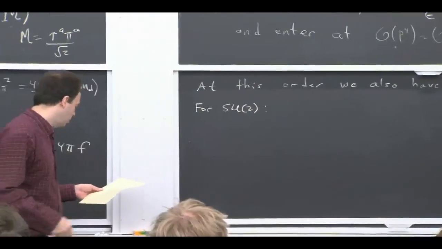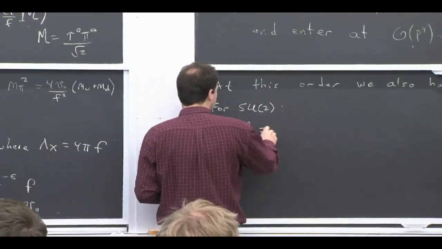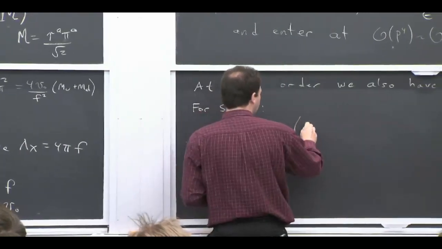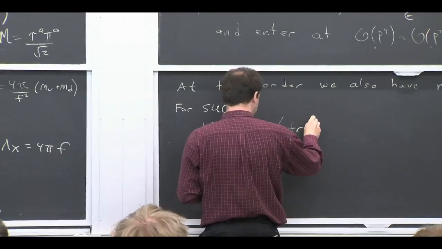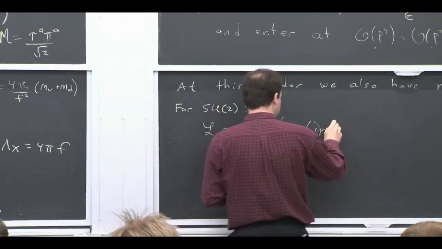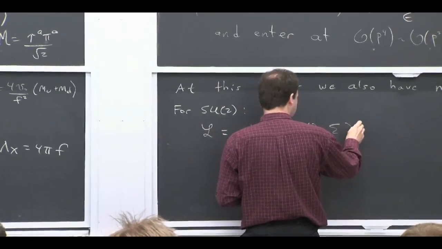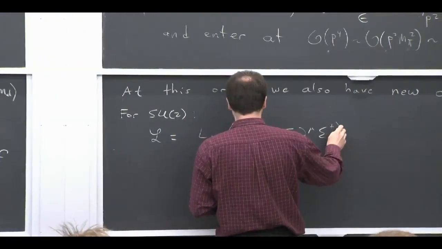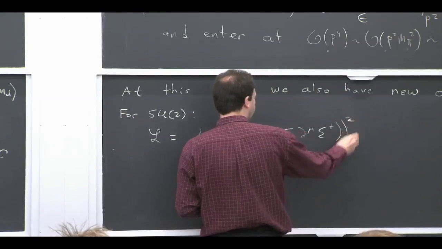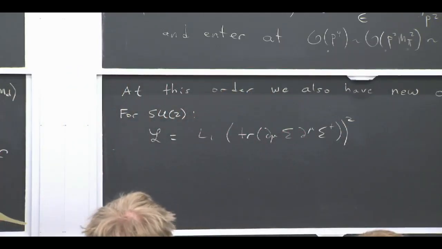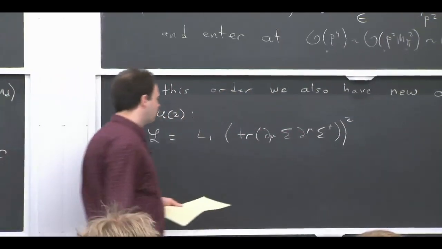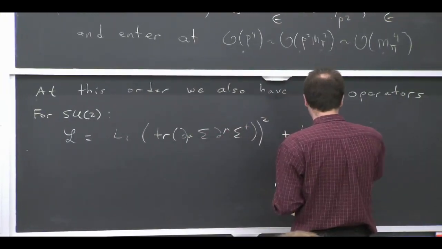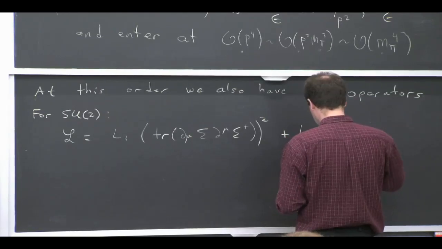In SU2, the form of that Lagrangian with higher order terms is just taking what we had before and just going to higher dimension. So we could have 2 more derivatives. One way of doing that is taking what we had at lowest order and squaring it. Another way of doing it would be to take and contract the indices a little bit differently.